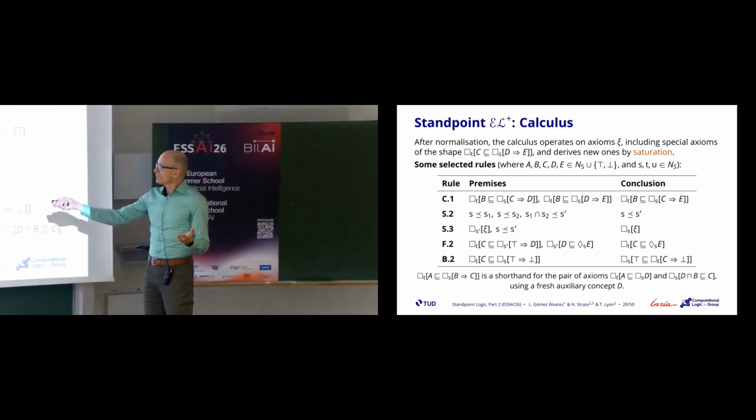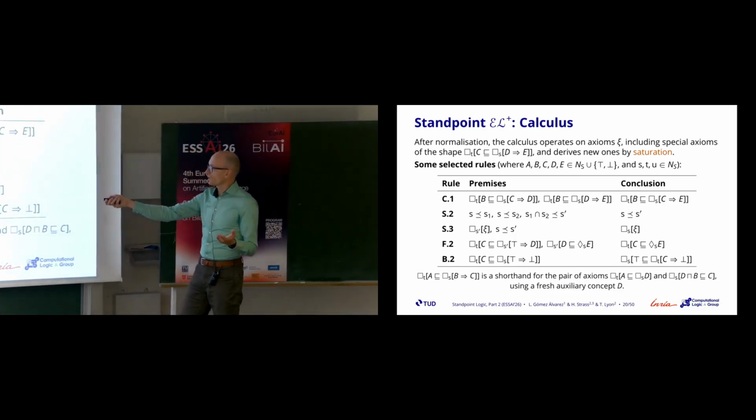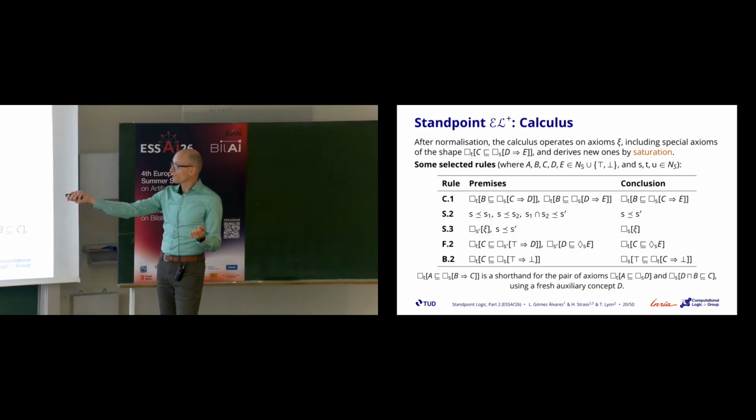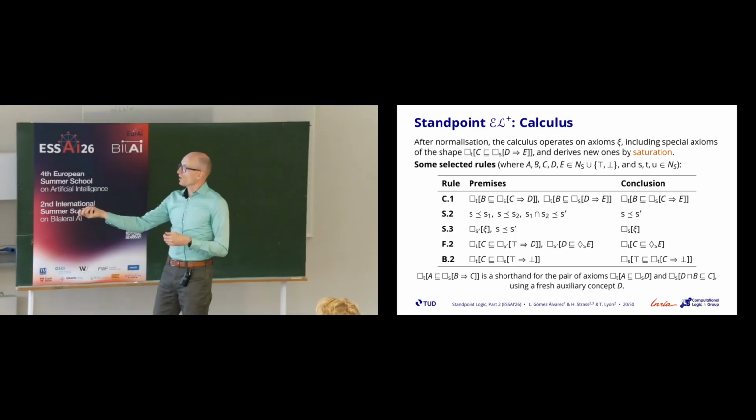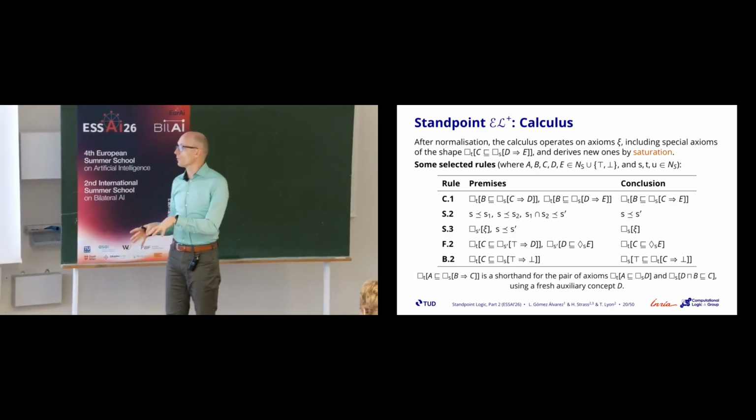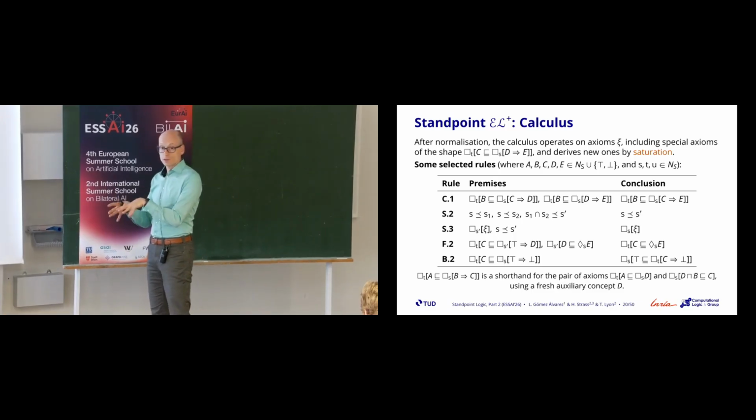Then you have rules on sharpening statements saying that if S is both sharper than S1 and S2, and the intersection of S1 and S2 is sharper than S prime, then of course S is sharper than S prime. Right? Stuff like this. Then you have rules for enforcing these sharpenings. Right?